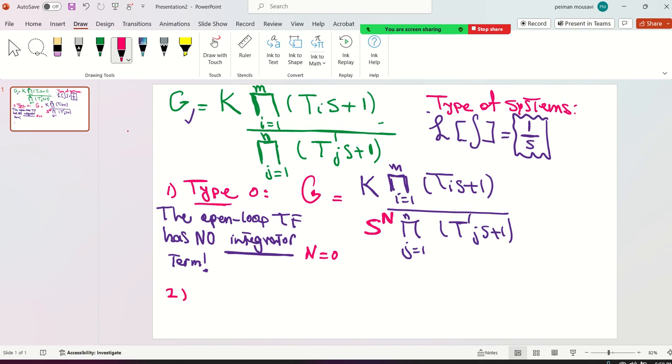Type 1 system. As its name implies, N is 1.